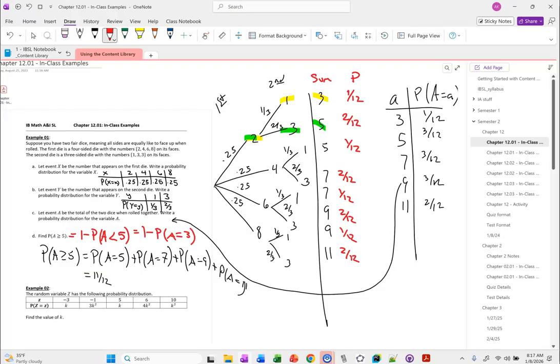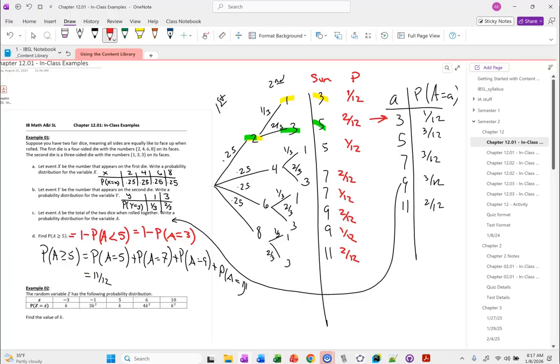Why is that? Why is the probability A less than 5 the same as the probability of A equal to 3? Because the only one less than 5 is 3. If I look at the possible values for my random variable A, the only one that's less than 5 is just 3. So the probability A is less than 5 is the same as A equal to 3, because that's the only possible value that A could take that's less than 5.